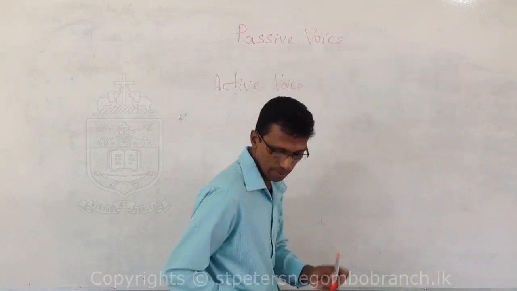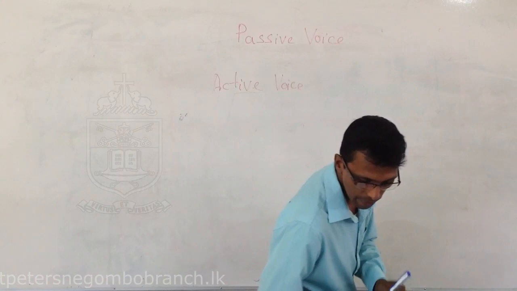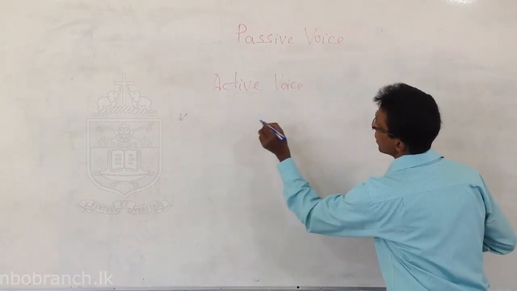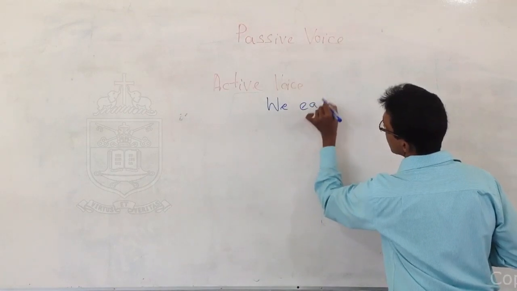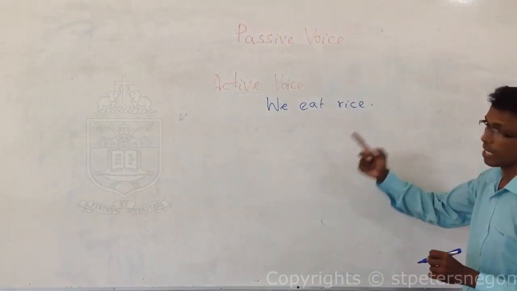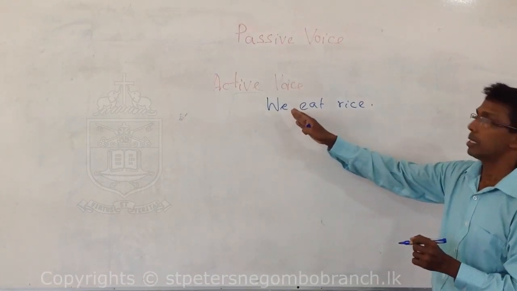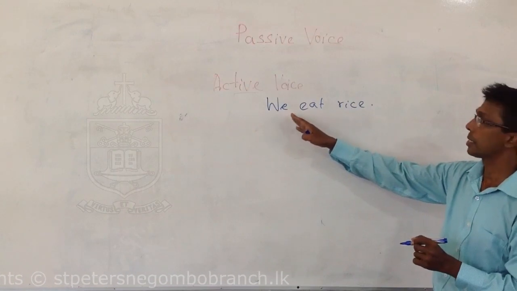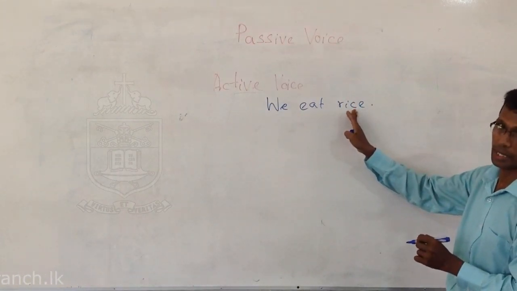This is active voice. If you take a sentence, it's we eat rice. So this is active voice. In the active voice, the subject is the main person. The subject comes first and the object comes last.